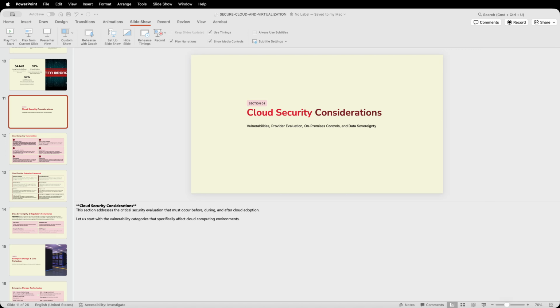And finally, we have the encryption restriction here. Now, some nations restrict the strength of encryption that can be used within their borders, obviously to facilitate law enforcement access. This creates compliance conflicts where an organization required to use strong encryption under one regulation, like HIPAA, PCI DSS, may be restricted from doing so under another jurisdiction's law or other country, basically.